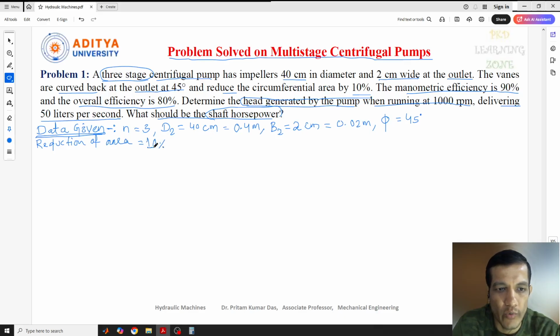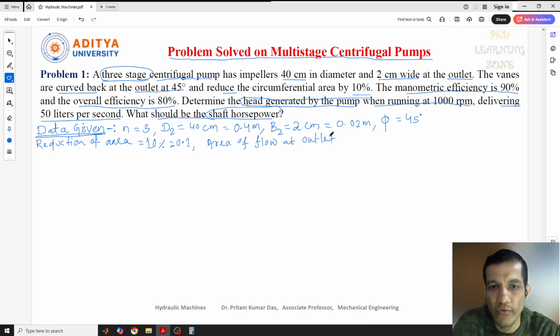So first of all we need to identify the area. The area of flow we need to calculate, and from there we can reduce the 10%. 10% is nothing but 0.1. So we'll calculate the area of flow at the outlet condition.